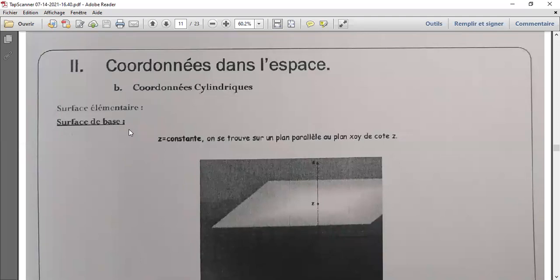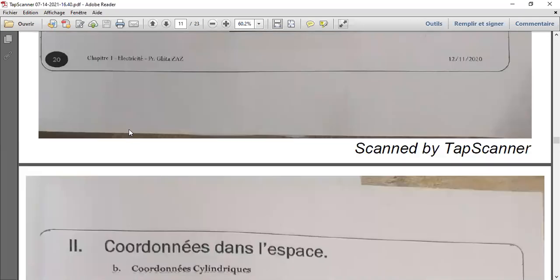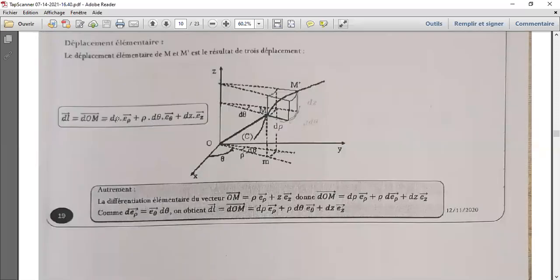So there they are just meaning that z is constant. If z is constant, meaning the differentiation dz is equal to 0. So if you go to your equation here, it means dz is equal to 0. So your surface area will just include d rho times rho d theta.